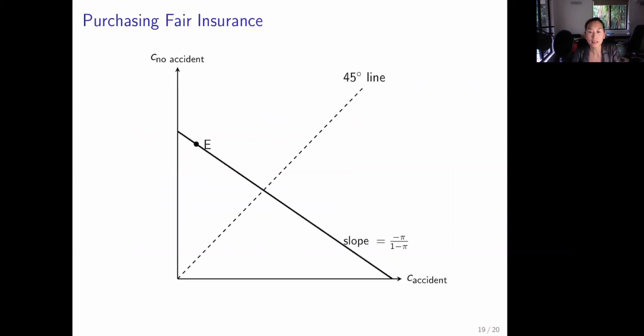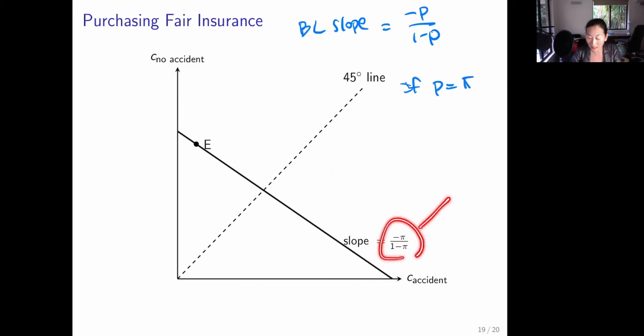And in that case, that means the slope of the budget line, remember the slope of the budget line is this, right? If P is equal to pi, then the slope of the budget line is equal to that. And what is that?